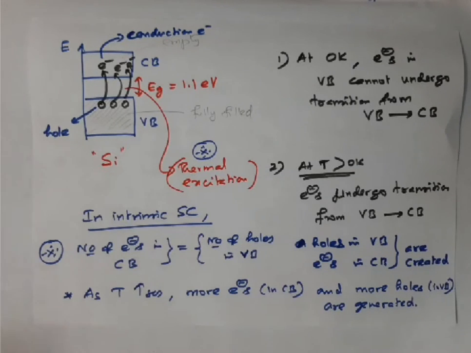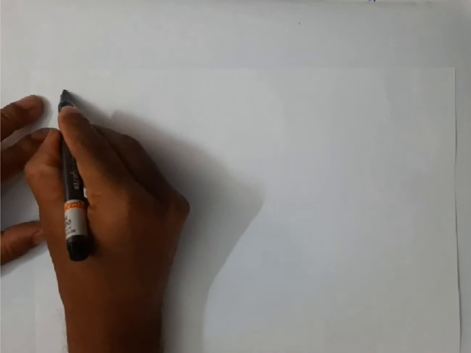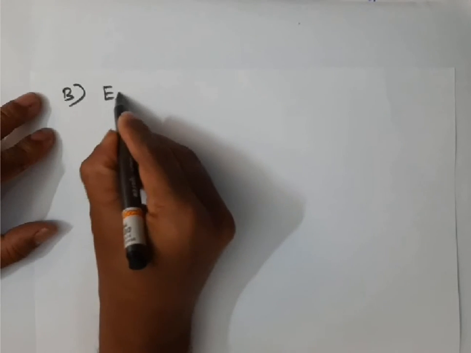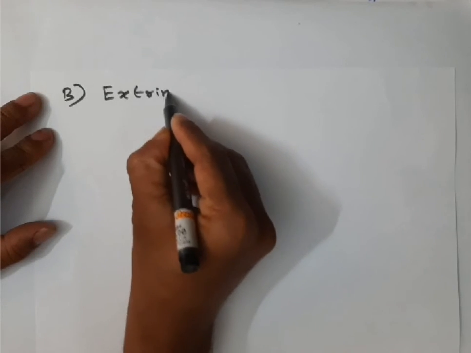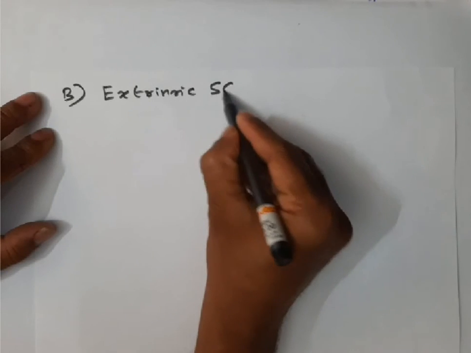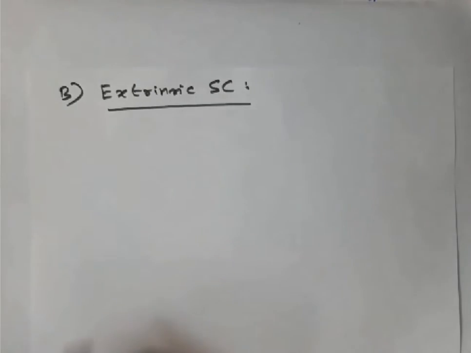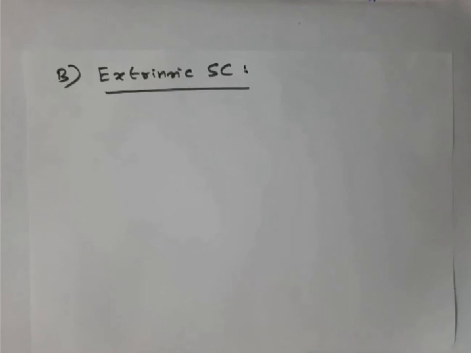Intrinsic means pure semiconductor. Now what I'm going to do is discuss the second type of semiconductor called extrinsic semiconductor. Let me write here. Extrinsic semiconductor, also called doped semiconductor. In an extrinsic semiconductor, we'll take some host crystal.